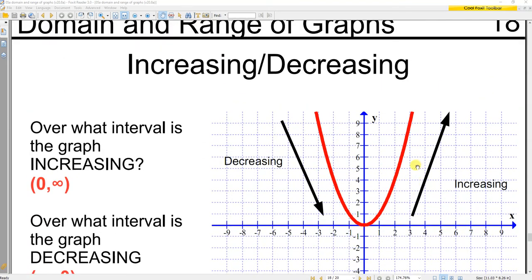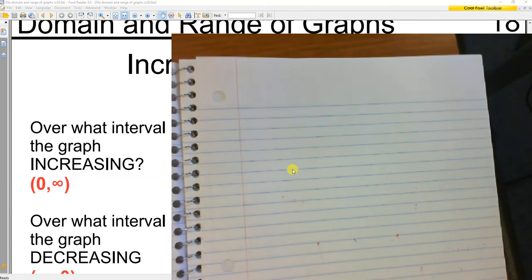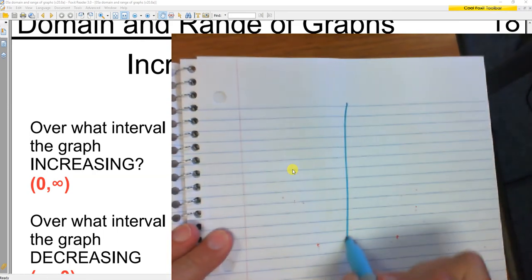Oh, let's talk about decreasing and increasing. This is going to get into our notes. So in our notes, we're going to draw another coordinate system.